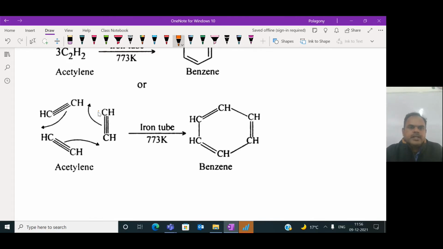So here is the negative charge, and here will be the positive charge, and so on around the ring.